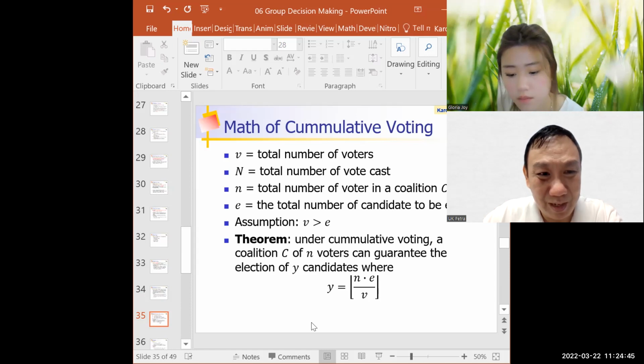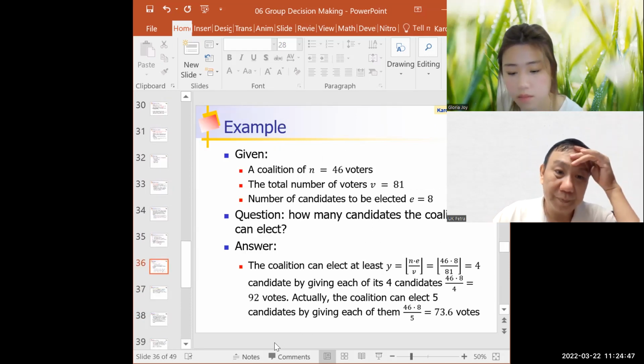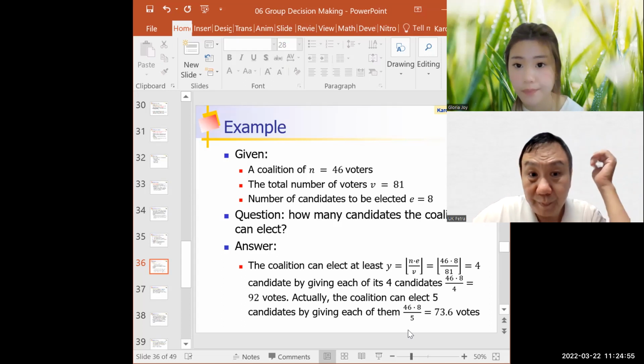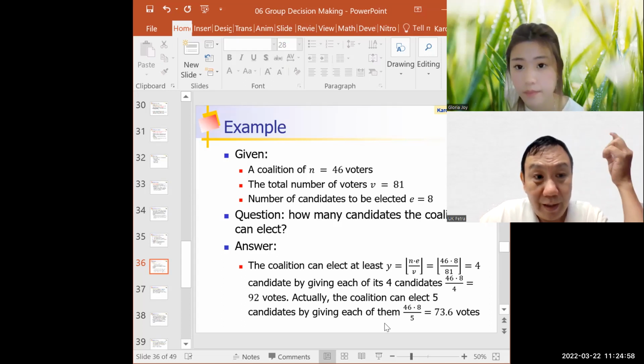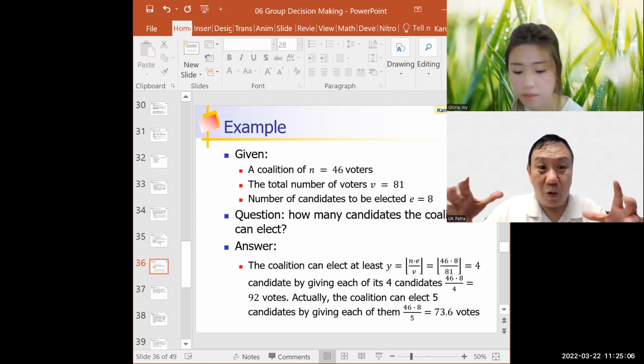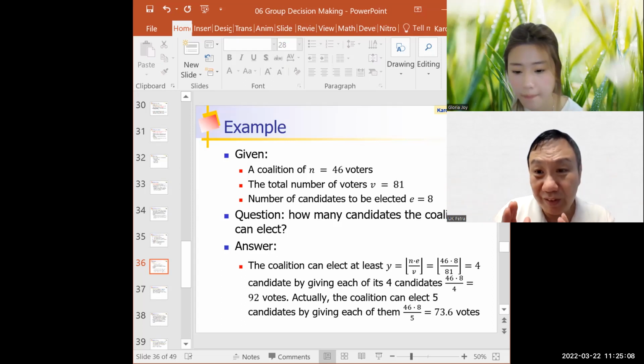Okay, let me give an example. Suppose the total number of voters is 81, and the total number of candidates to be elected is 8. And then you create a coalition of 46 voters.